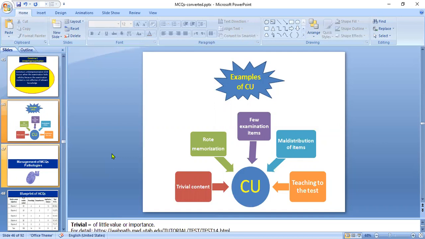That's why if there are few examination items, they will lead to construct underrepresentation. It means they will cover some themes and leave others uncovered, and there will be no involvement of many themes. Again, it will lead to underrepresentation.